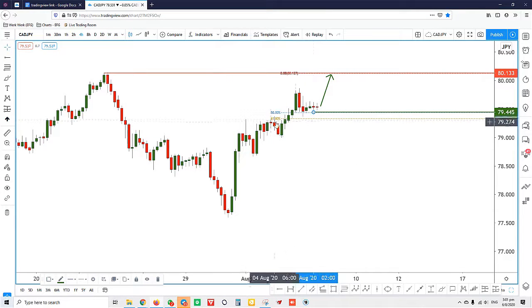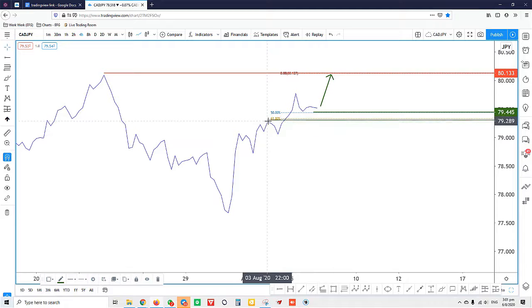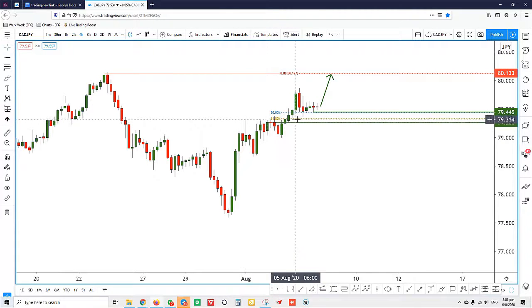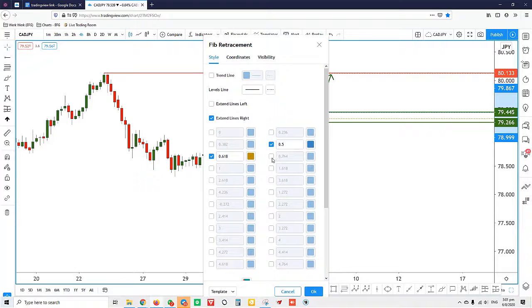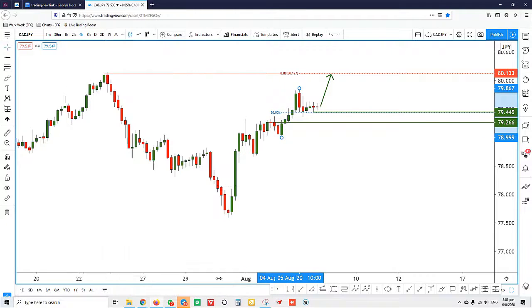And if I change to a line chart, there's also this graphical overlap, which can act as somewhat like a stop loss. If I change to candlestick, it's actually quite close to the 61.8, or even the 76.4 is holding in between. But I'm just going to highlight the 50% and the graphical overlap.